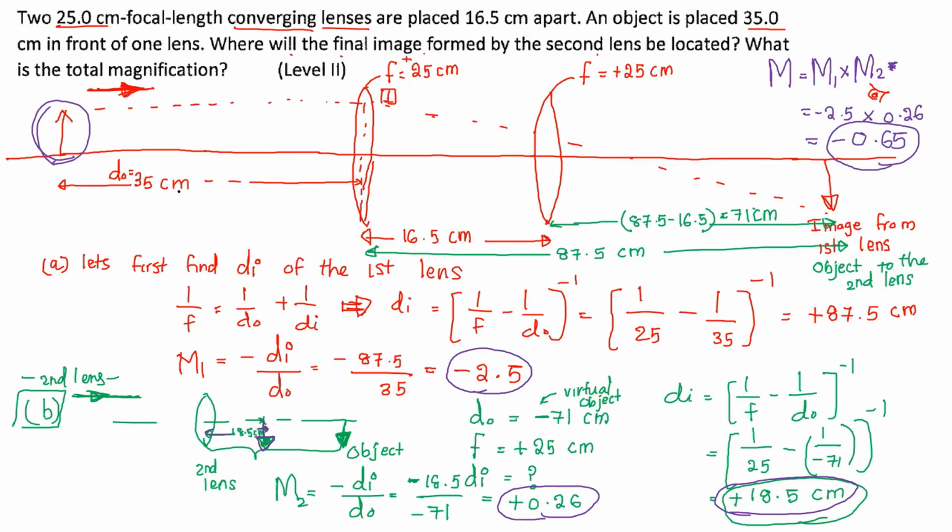Okay. So are you okay with this problem? This is a simple case of two lenses together. Are you okay? Tell me when you are done with this. I will move to the next slide.